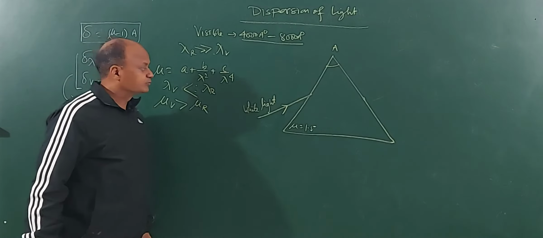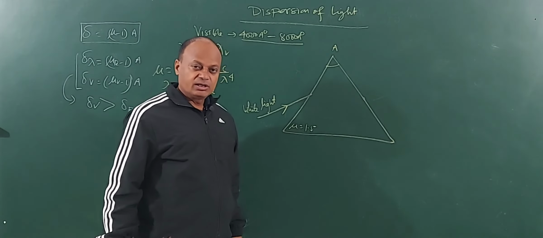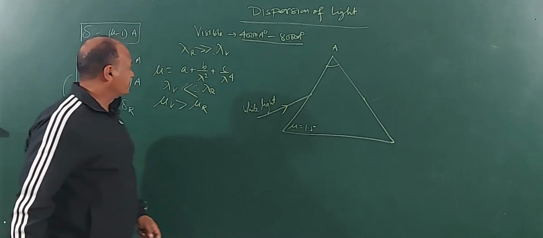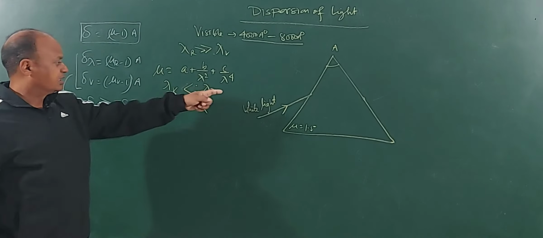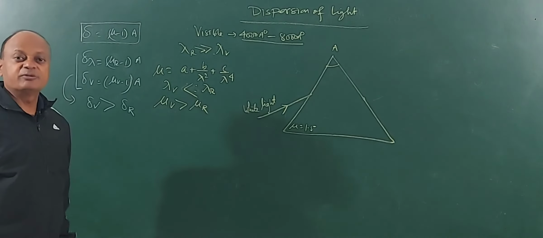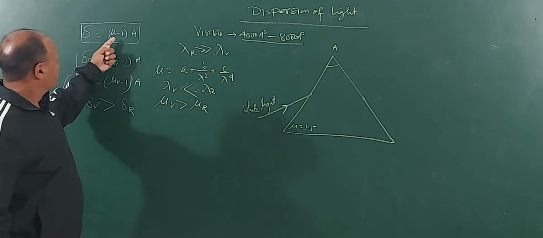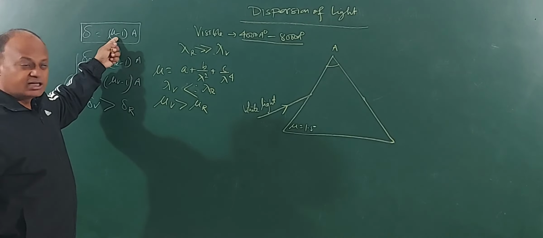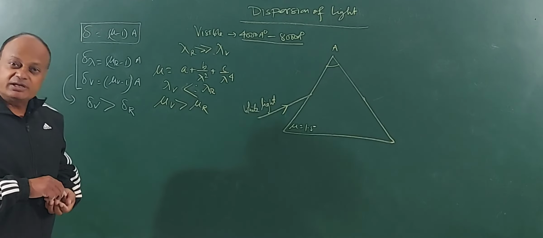That means when the white light will pass through a prism, then going by this relation, we find that for each color, the refractive index of the prism will be different. And as refractive index is different, then for different colors, angular deviation will also be different.